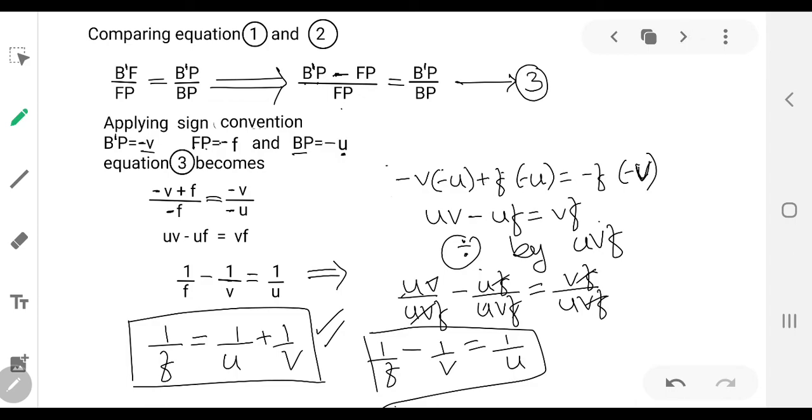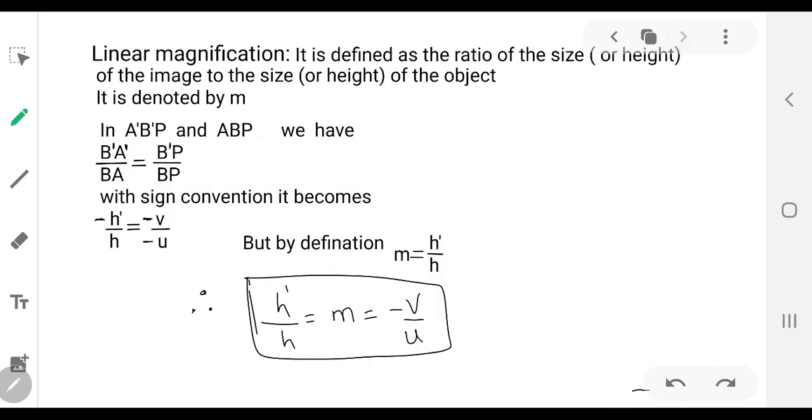Now in the previous sessions, while discussing the image formation, we have seen that if here is our F, here is our C, and the object is between C and F, how do we draw the image formation?